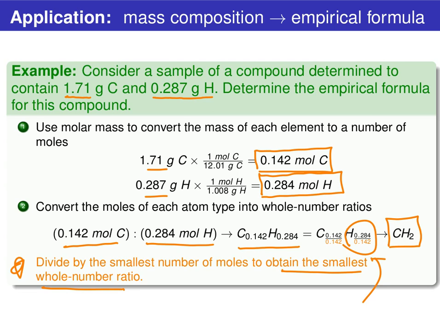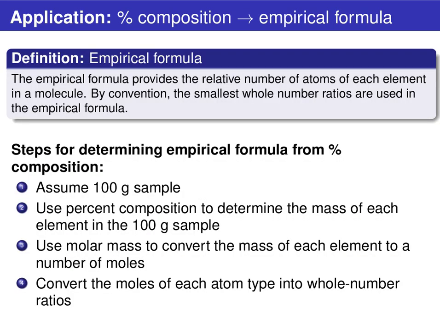With this in mind now, we're ready to look at this more complicated problem of moving from percent composition data, as we just talked about, all the way over to an empirical formula. Okay? And in order to carry this out, we're going to need to make a little assumption. I'm going to suggest that you follow the same advice I give you whenever we're working with percentages, which is to assume a 100-gram sample.